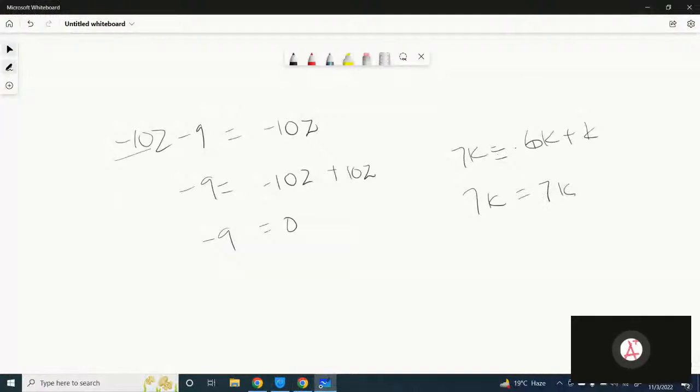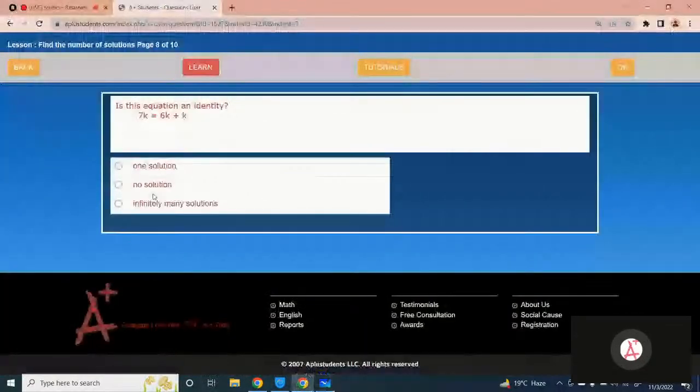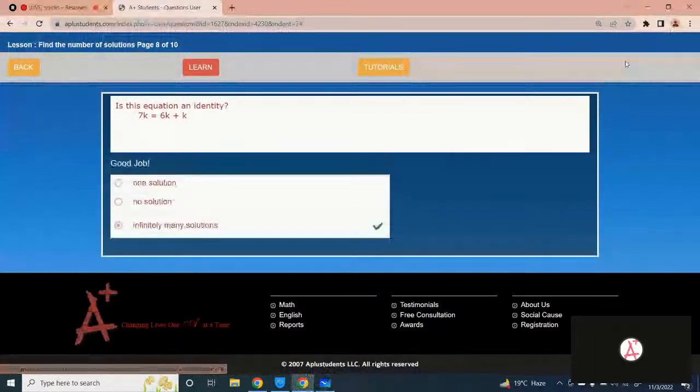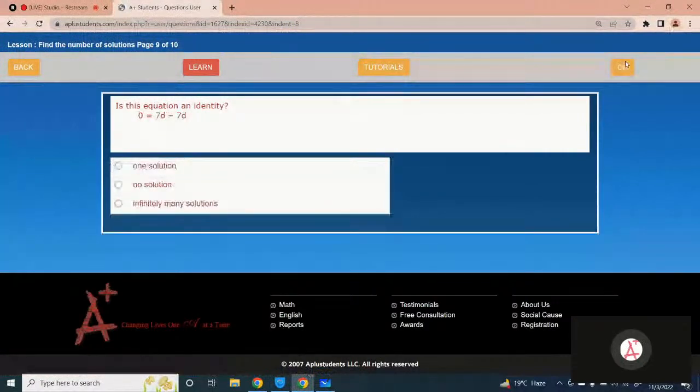So on both sides, the answer is exactly the same. That means the equation is an identity and it has infinitely many solutions. Got it? Okay, 0 equals 7d minus d. So 7d minus d is 0. So that means the equation has infinitely many solutions. Got it?